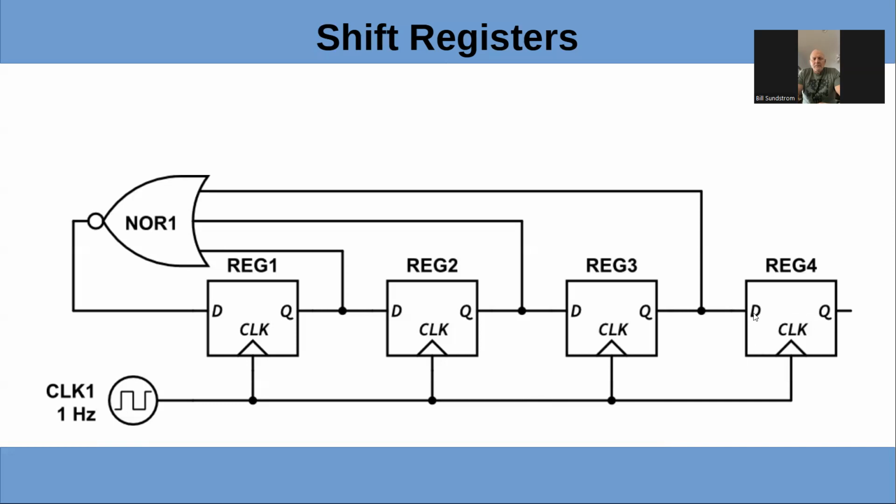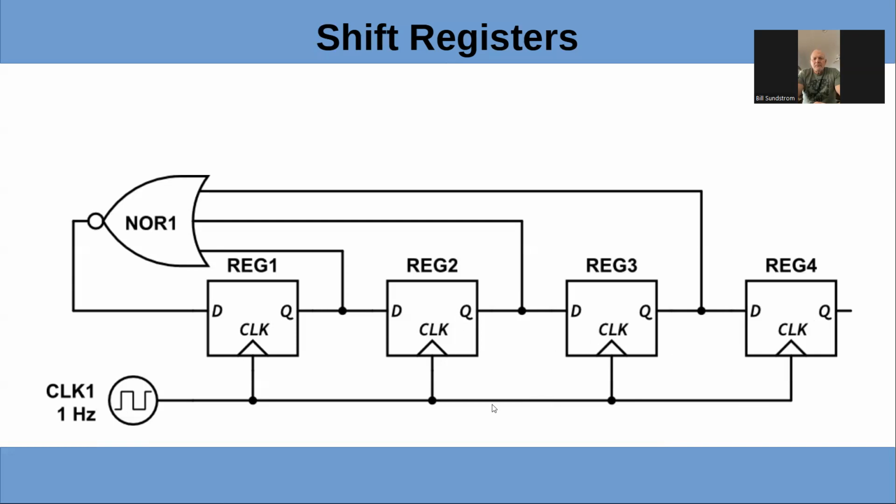So if this happens to be a 1 on the input, when we get a clock signal, it's going to change the output of this first stage. And we're clocking them all at the same time. So this stage, depending on what the output of the previous stage was, will possibly change or stay the same. If it was a 0, it's going to stay the same. If it was a 1, it's going to change this to a 1.